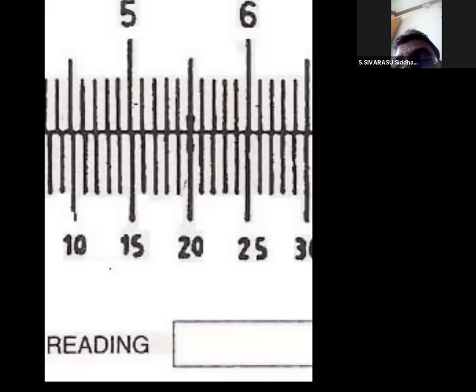We already know the least count, the difference between one main scale division and one vernier scale division, that is 0.02 mm. After the 35th main scale division, the vernier scale 0 starts, and the 20th vernier division coincides with the main scale.